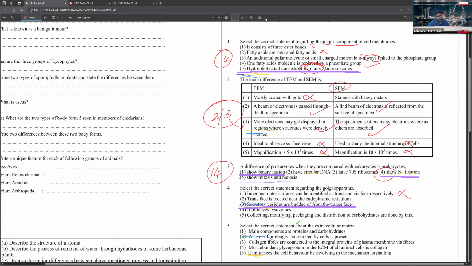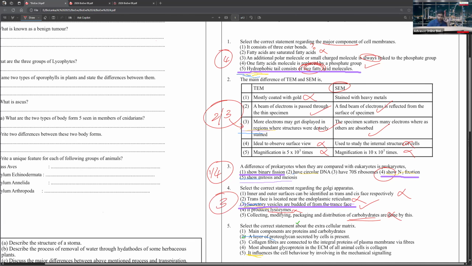Neither. Cis and trans. Secretory vesicles are budded out from the trans face. Produce lysozymes. Even I read it as lysosome. Lysozyme, wrong. Collecting, modifying, packaging, and distribution of carbohydrate, wrong. So we'll take the third one as the answer.